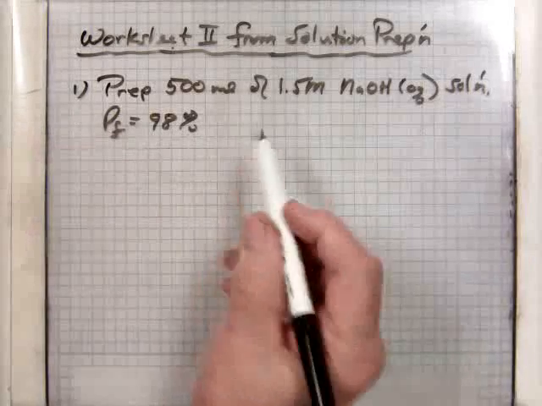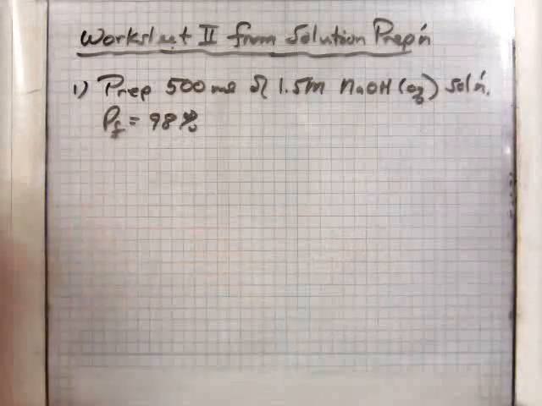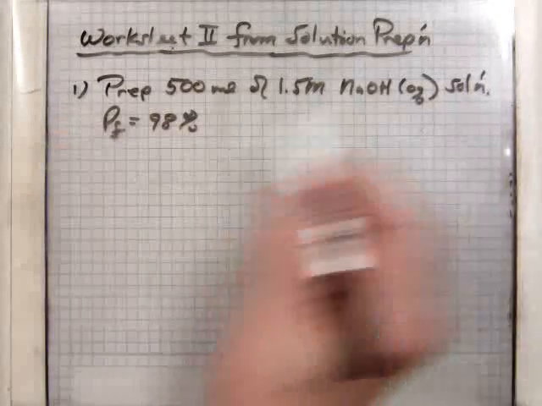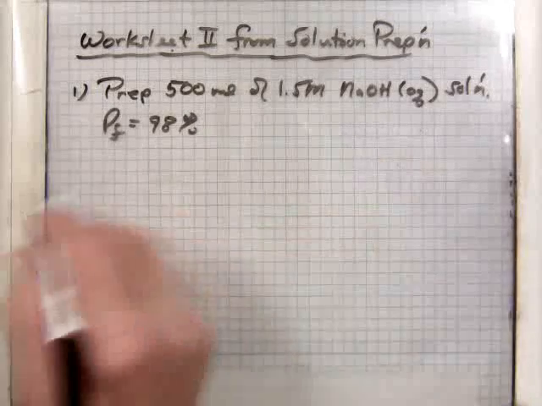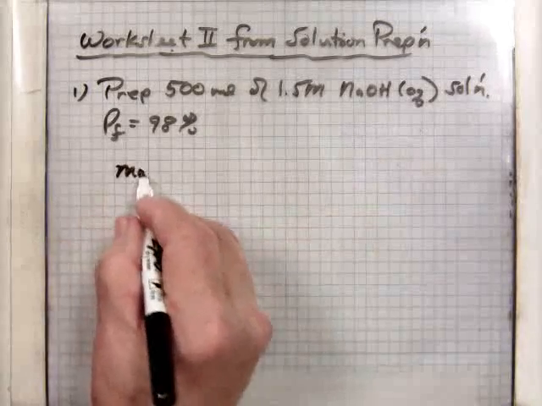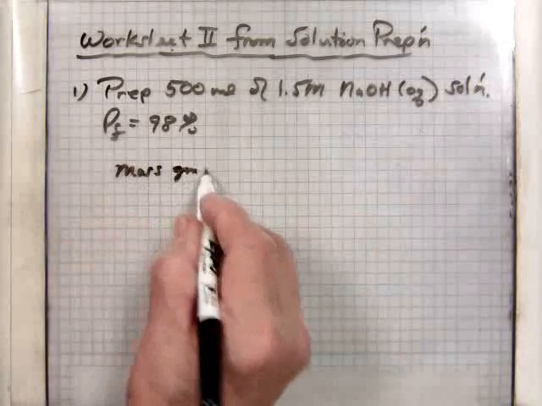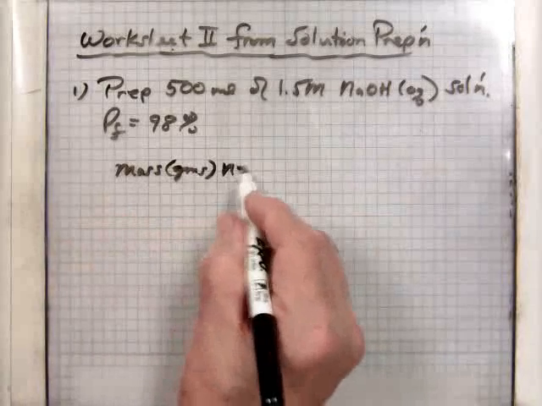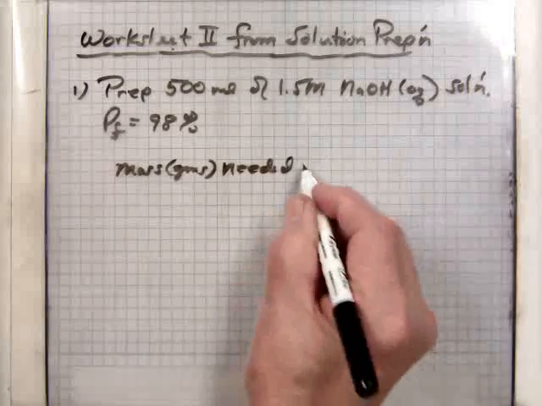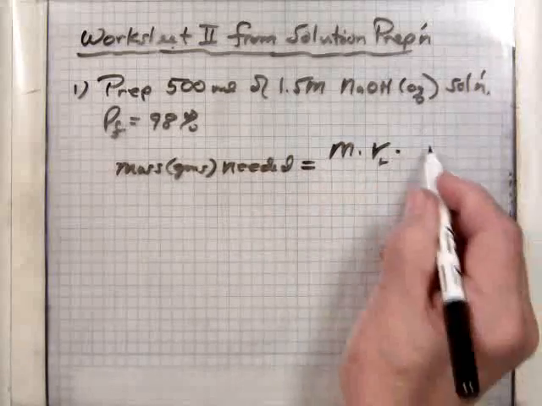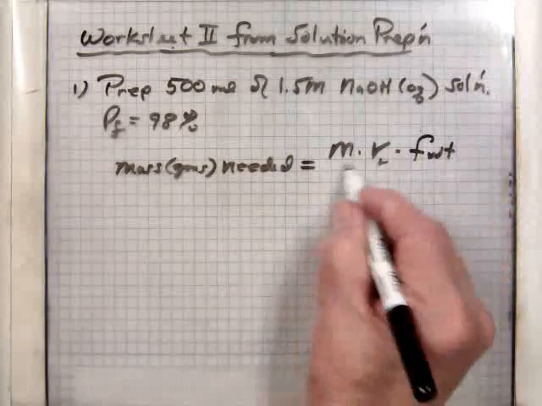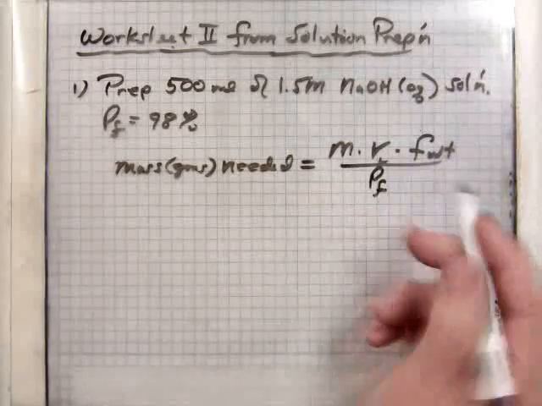So the idea is, how much of the manufactured stock do you need to extract and dilute to 500 mils? Well, the mass in grams needed is equal to molarity times volume in liters times formula weight divided by the purity factor.